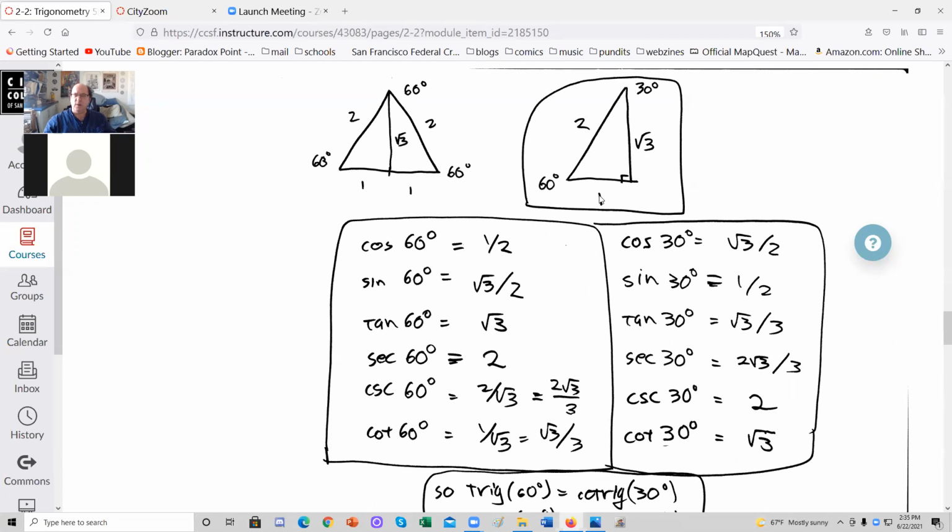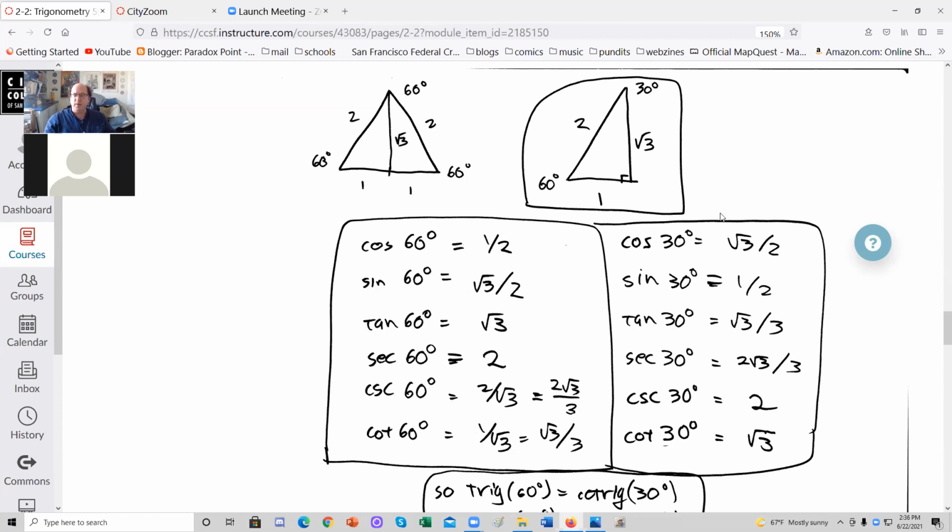Tangent is opposite over adjacent, root 3. Then secant will be reciprocal of cosine, therefore reciprocal of a half is 2. Cosecant of 60 is reciprocal of sine of 60, so reciprocal of this, that's 2 over root 3, and you can rationalize that to 2 root 3 over 3. Cotangent of 60 is 1 over tan 60, so 1 over root 3, and this rationalizes to root 3 over 3.